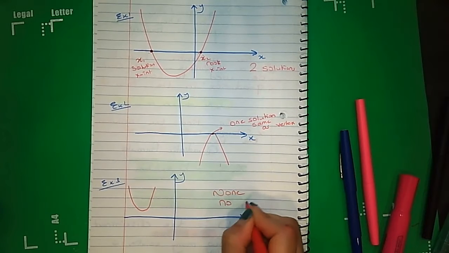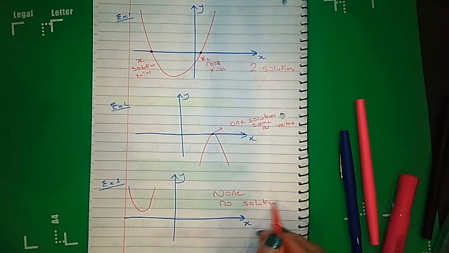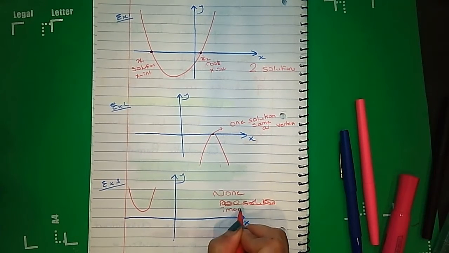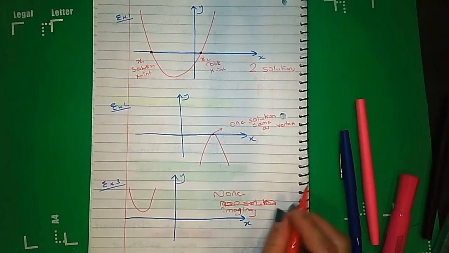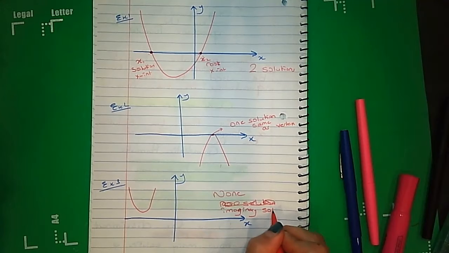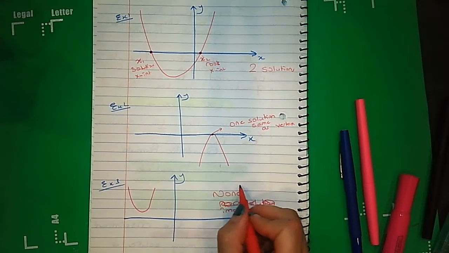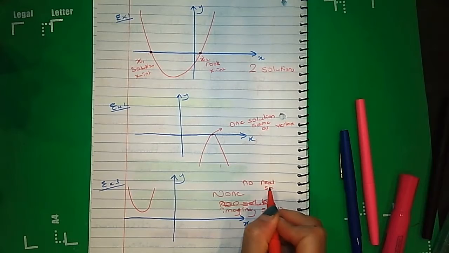So I got no solution. Or actually, I do have a solution, but it's an imaginary solution, let me write it down. Okay? But it does not touch the x-axis, or we can say there is no real solution.